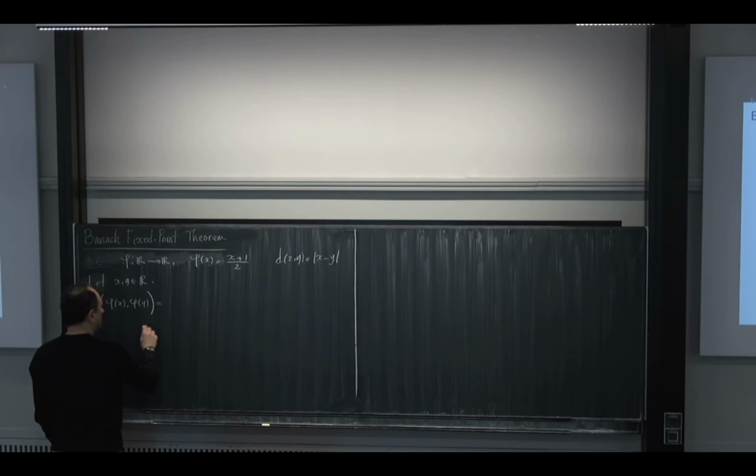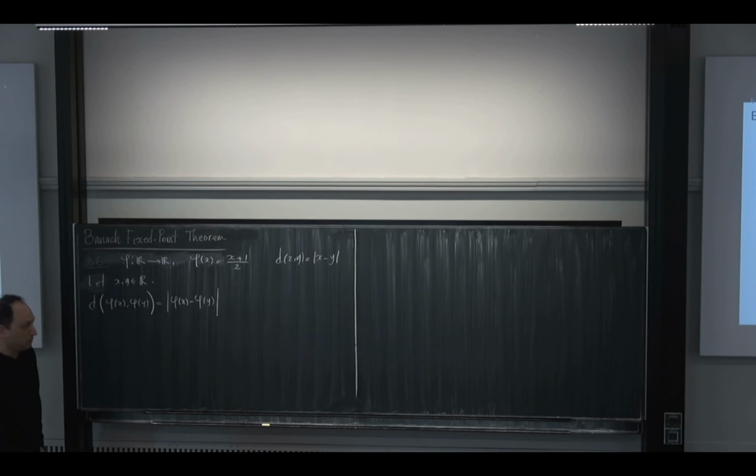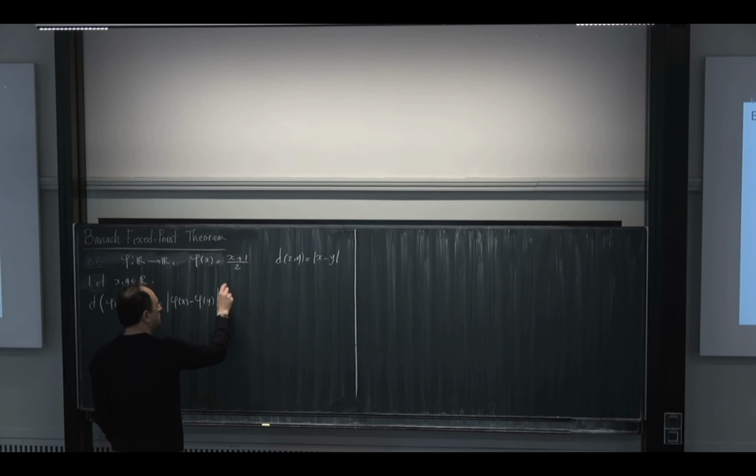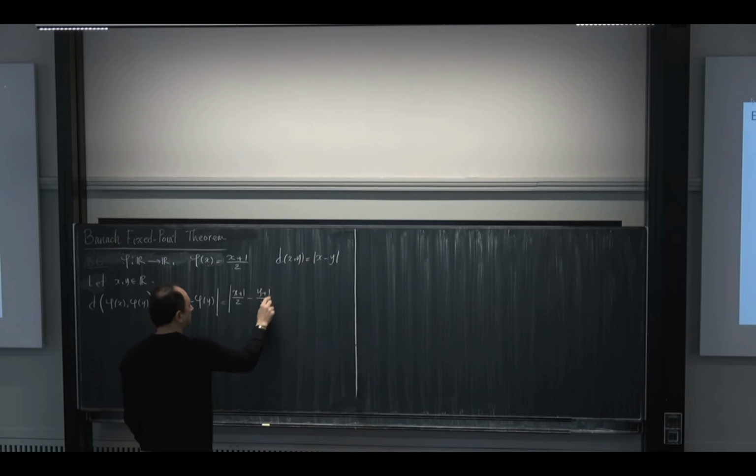The distance between these two in this metric space is the absolute value of phi x minus phi y, because my metric is this. But phi x is what? Simply (x plus 1) divided by 2, minus phi y, which is (y plus 1) divided by 2. The simplification is extremely simple.